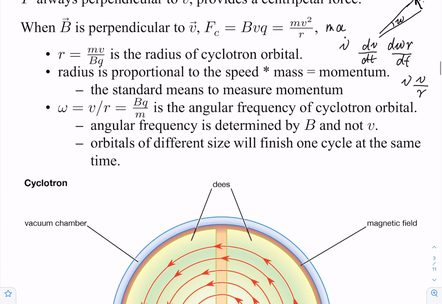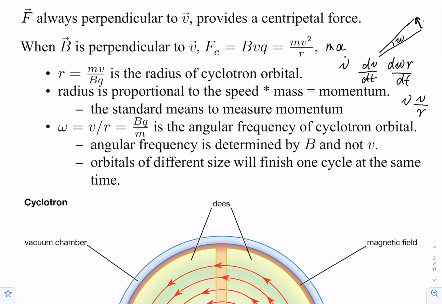Another thing that I want to mention is that if you calculate the angular frequency, v over r, it's actually independent of the velocity of the particle. So no matter how fast your charged particle is moving in the magnetic field, the time it takes to finish a cycle is exactly the same.